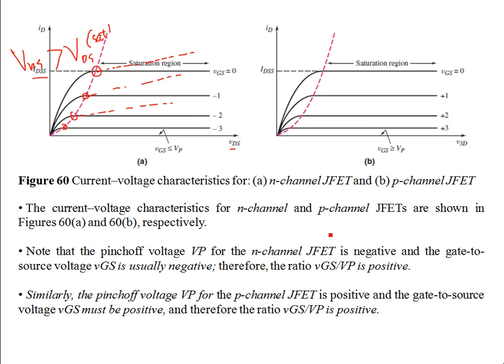So for any given VGS, we are going to find the slope of these curves, and r0 is the reciprocal. The slope, for example over here, is your delta ID, the rise in ID, over the run you have for VDS.